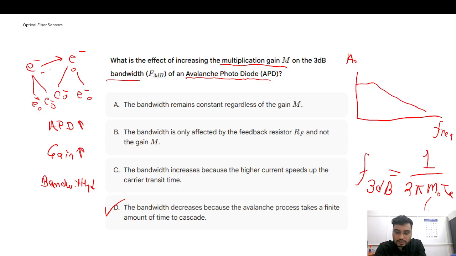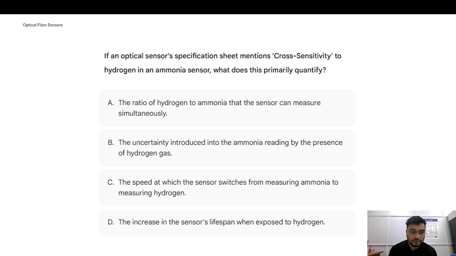So you can understand that the bandwidth will decrease if you are increasing the gain. Here it's mentioned already, increasing the multiplicative gain, so how it will affect the f3dB bandwidth. Now you understood what I'm saying? Yes, sir. Okay, good.